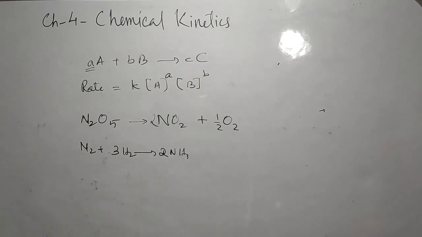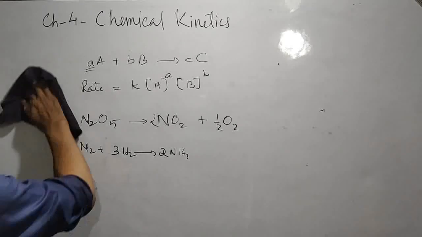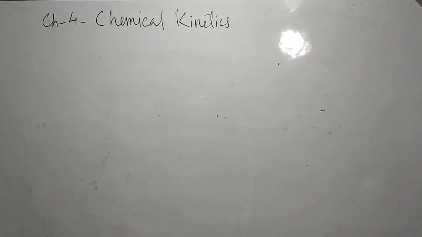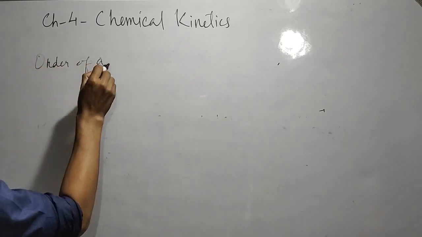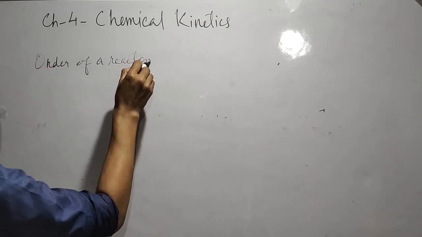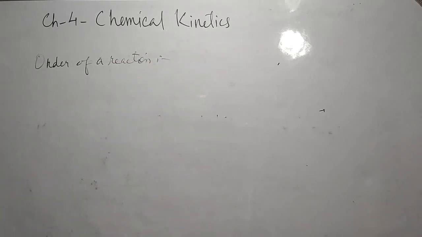Now the next topic is the order of a reaction. It is defined as the sum of the powers to which the concentration terms are raised in the rate law equation to express the observed rate of the reaction.